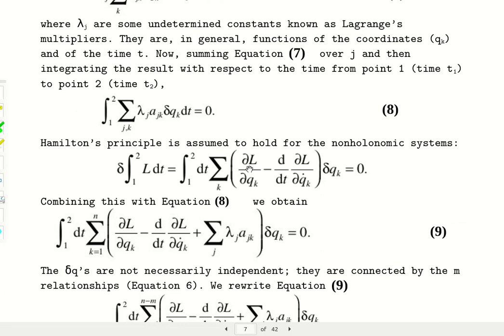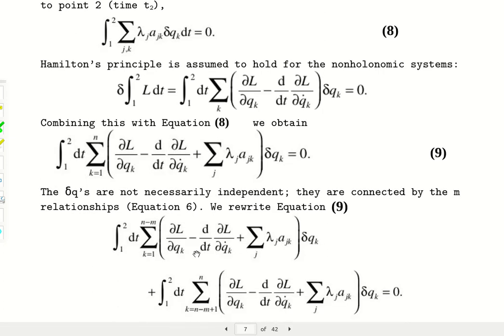If we add, then the sum will come out as the integration of dt over the summation of del L del qk minus d/dt of this thing, plus the sum over lambda j ajk, with delta qk taken common. Here you can see that the summation over k is 1 to n. N is the number of generalized coordinates.